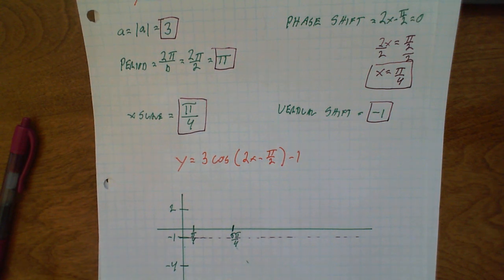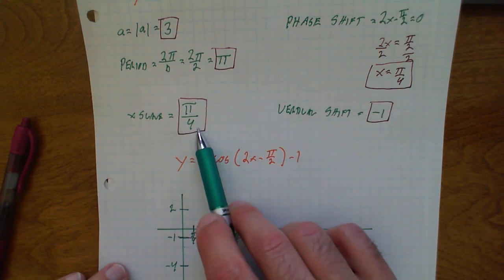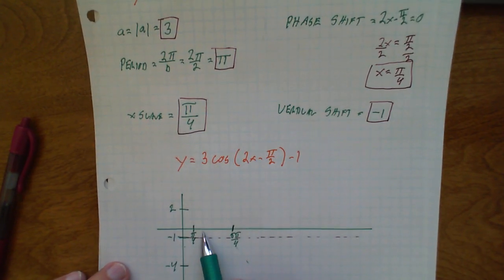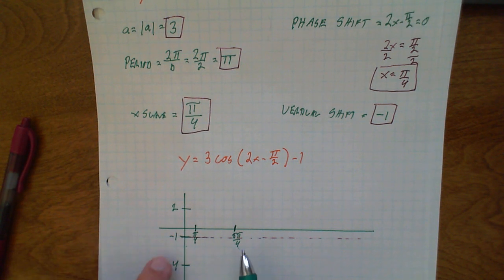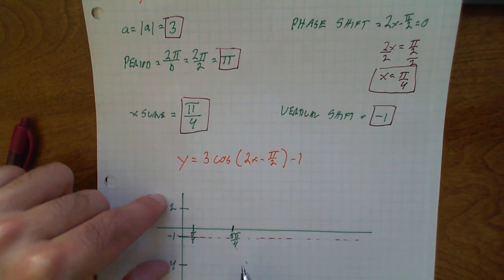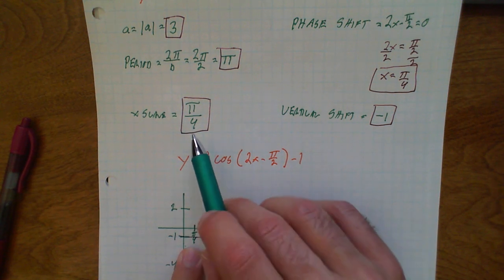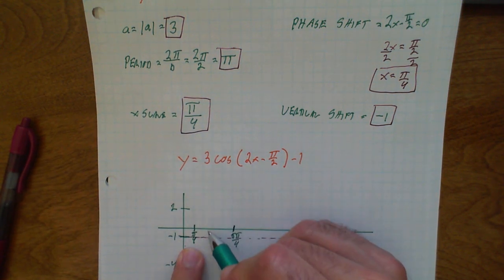Now, because of my x scale, each one of these is going to be an adding of pi over 4. So we got the midline at -1, we got the amplitude, because we know it's going to go up 3, we got the starting point of pi over 4, and we know where it's going to end. What the scale tells me is that each one of these is going to be an adding of pi over 4.